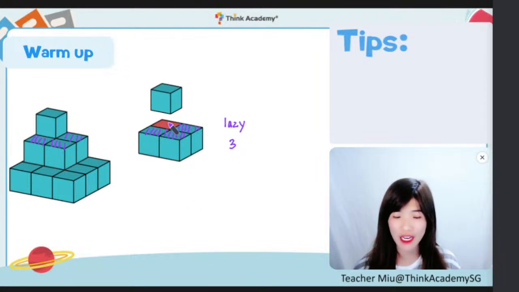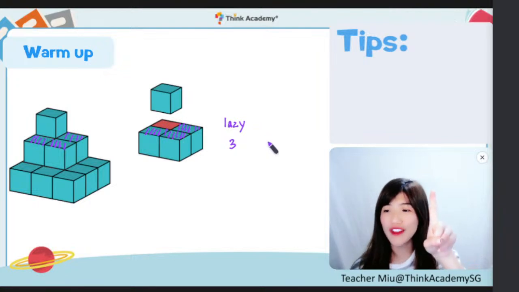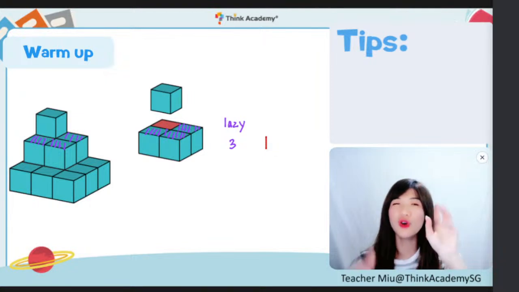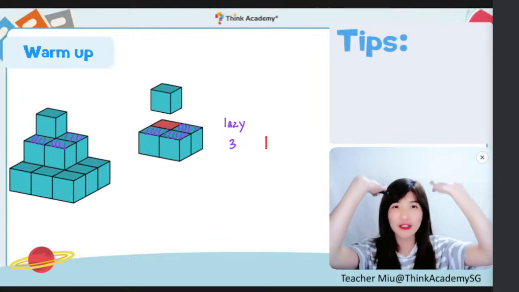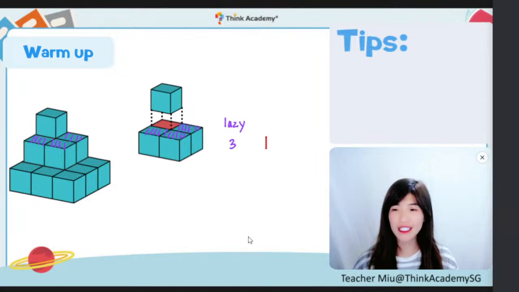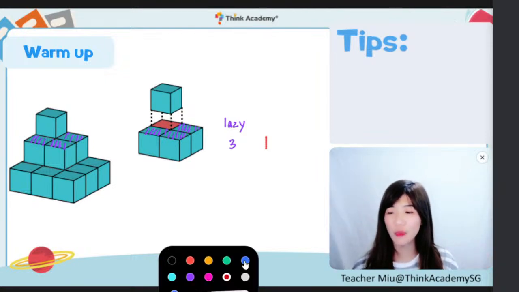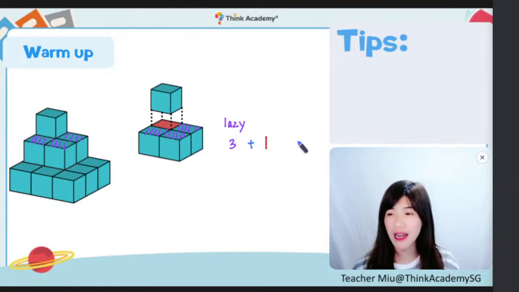And also there is 1 cube that we cannot see as he was working so hard to support the one on his top. Just like this one. This is the one we do not see because he was supporting the one on the top. So for this layer, we have 3 plus 1 equals 4.